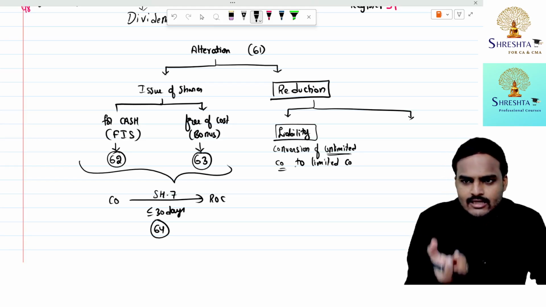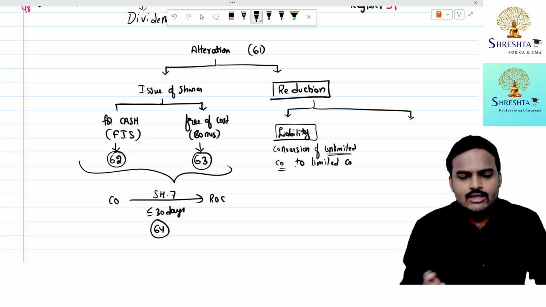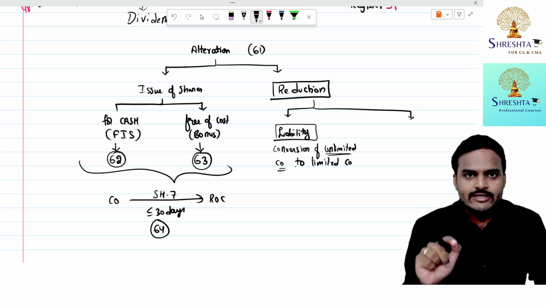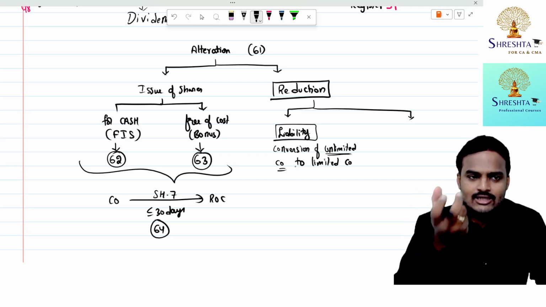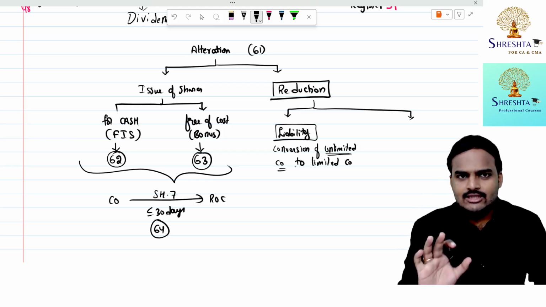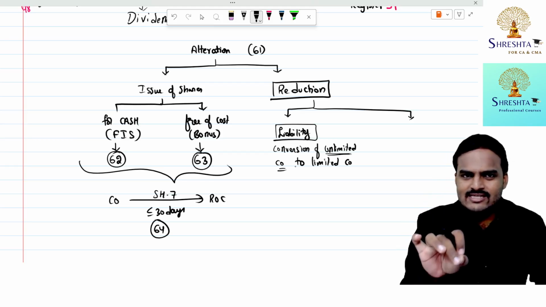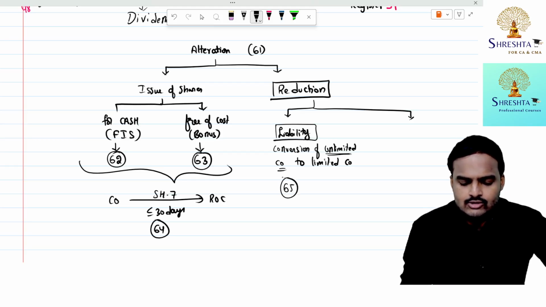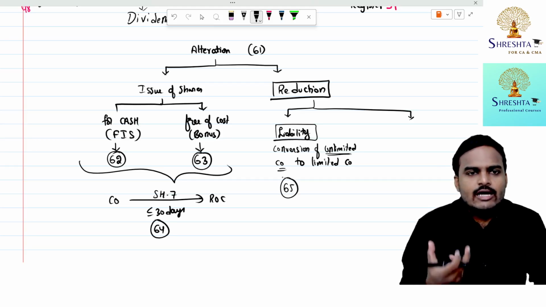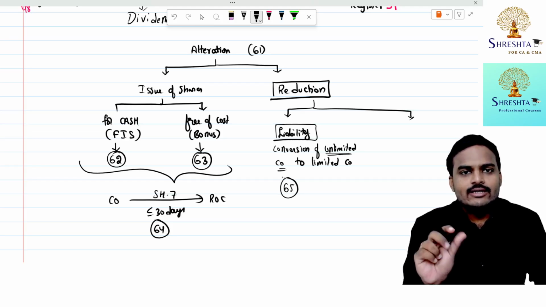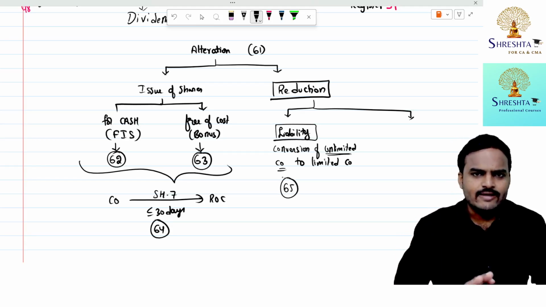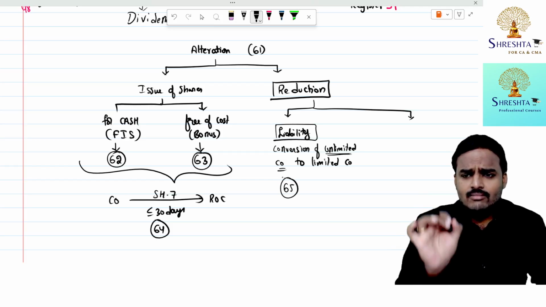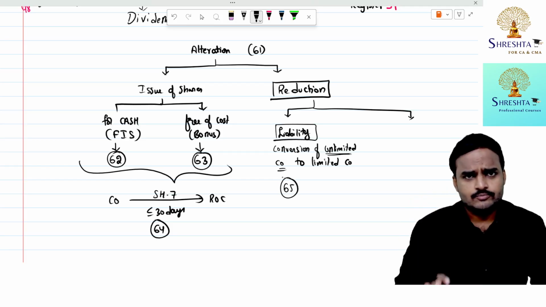The moment the company gets converted into a limited company, members' liability will be limited. That means unlimited liability is getting reduced to limited liability. That means reduction of liability is there. So section 65. Unlimited companies, if they want to convert into limited companies, need to create a reserve capital. That's section 65, not relevant now, but for remembering section numbers, I'm telling you.